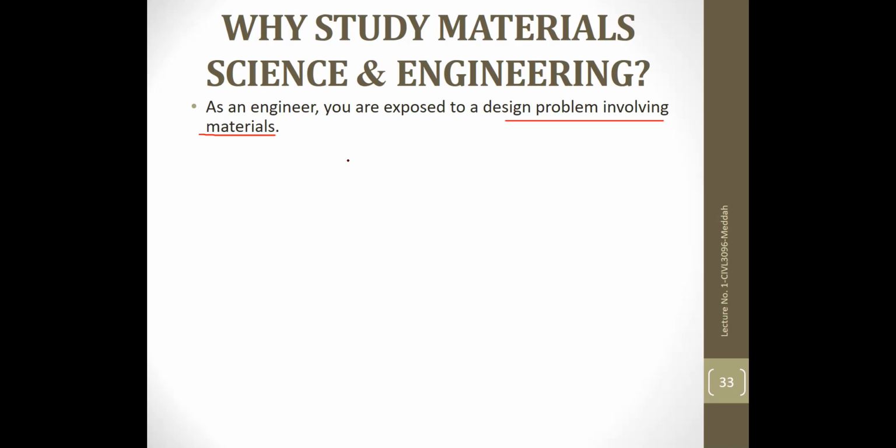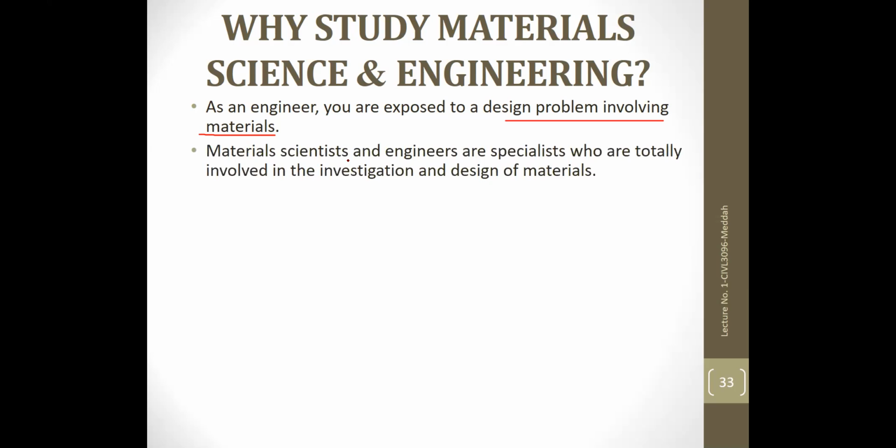You're designing types of structure that will be built with materials, so you need to have minimum knowledge about these materials. So material scientists and engineers are specialists who are totally involved in the investigation and design of materials.